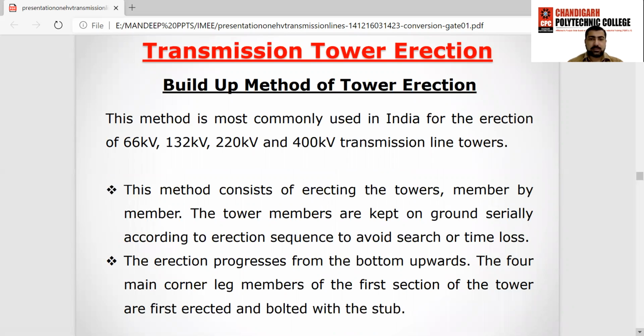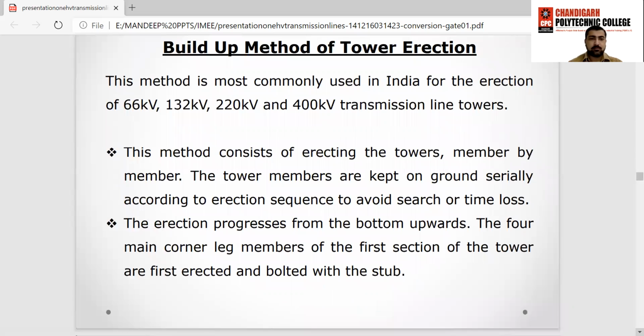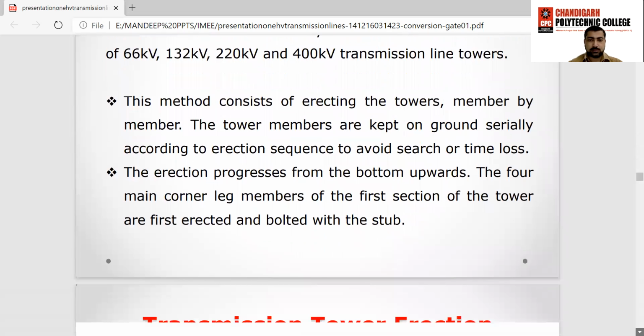The tower members are kept on the ground serially according to the erection sequence to avoid search or time lost. The erection progresses from the bottom upwards, meaning from foundation to peak of the tower. The 4 main corner leg members of the first section of the tower are first erected and bolted with the stub settings.